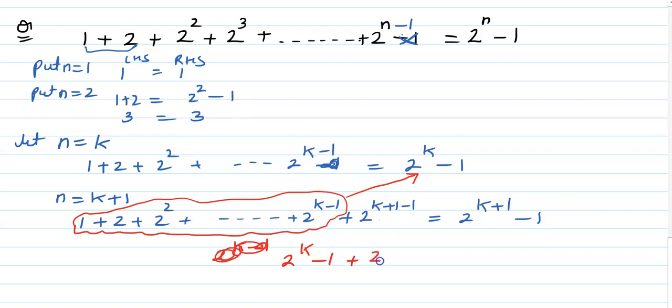And here, this is 2 to the power k plus 1. This is cancelled. So 2 to the power k. And here you can write down 2 to the power k, and index rule, you know, a to the power m times a to the power n, you can write down a to the power m plus n. Yeah. So 2 to the power k times 2, and minus 1.